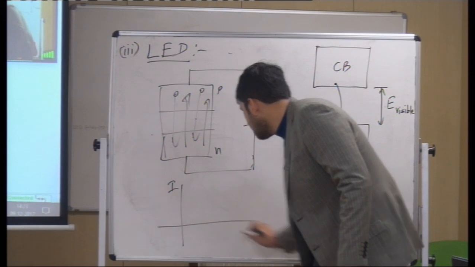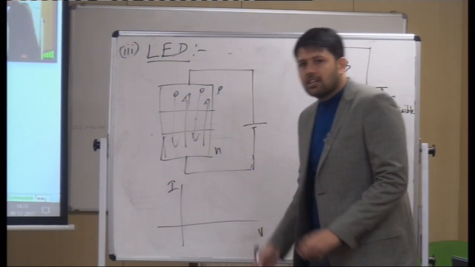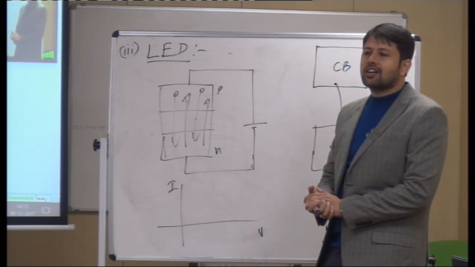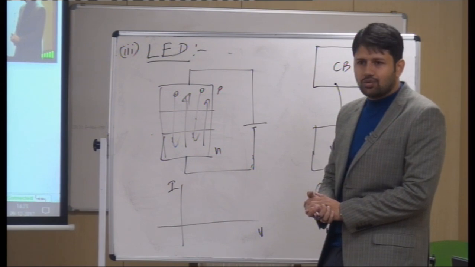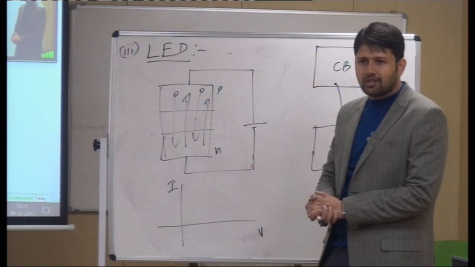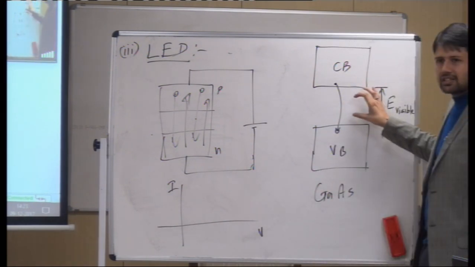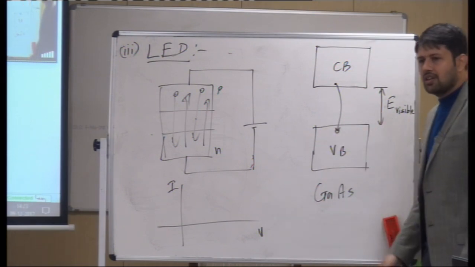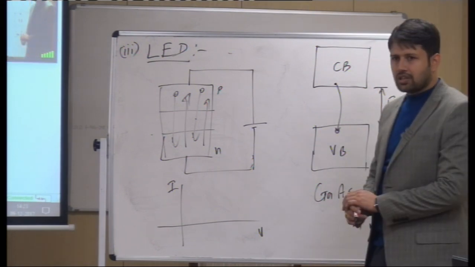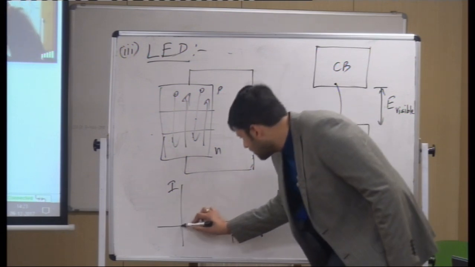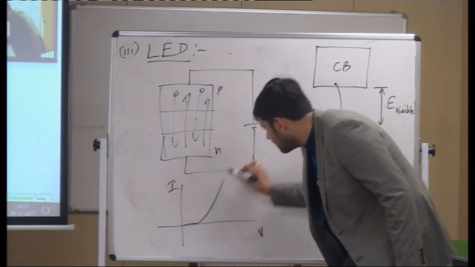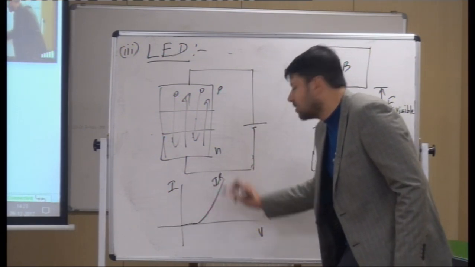The IV curve for this would be as follows. The infrared diodes are the easiest to manufacture. You get it? The band gap is the least. Normal diodes would be infrared diodes, infrared LEDs, so they kick start early. This is IR.